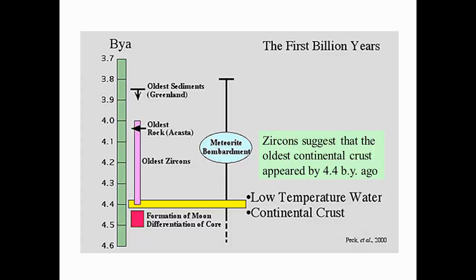And this is a good example of how we can use these individual minerals within sedimentary rocks to get information about a time period in the distant geologic past that no longer yields whole rock information.